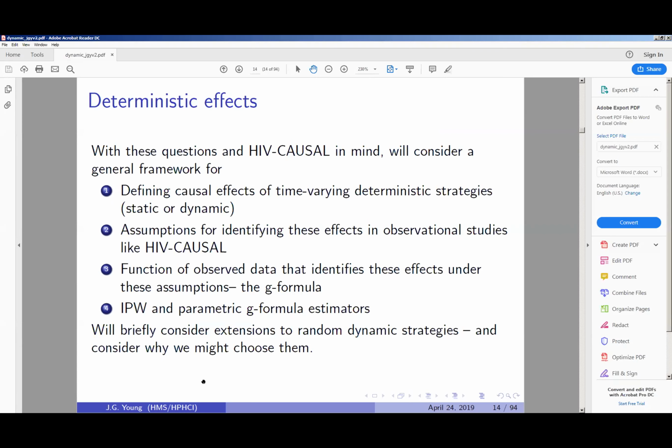So implicit in all of our effect estimates is that we're targeting an interpretation where we also somehow forced under all interventions everyone to have a lab measure at least every 12 months. So you have to be careful in how you define censoring, because this is going to impact assumptions and also the interpretation of the effect estimates.